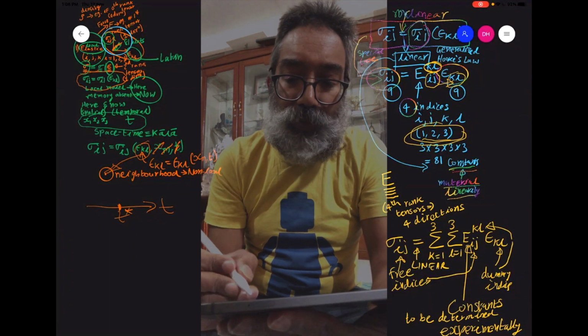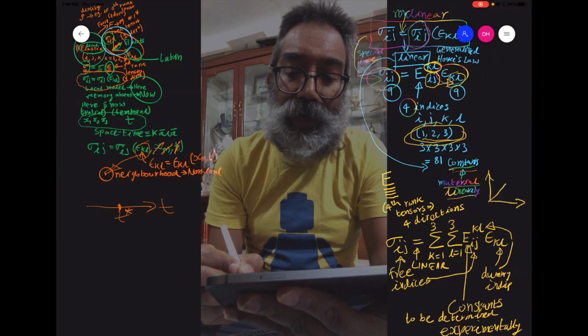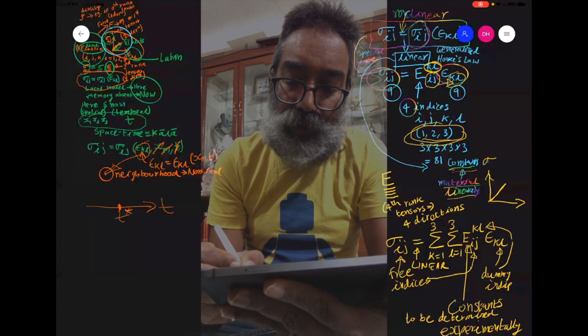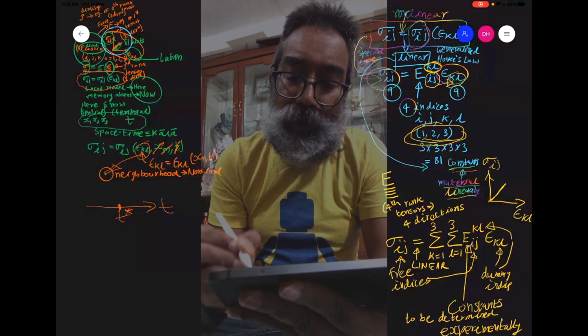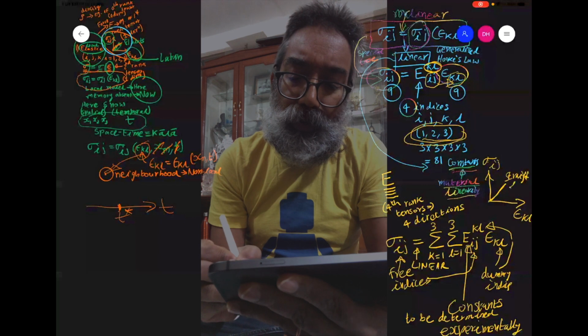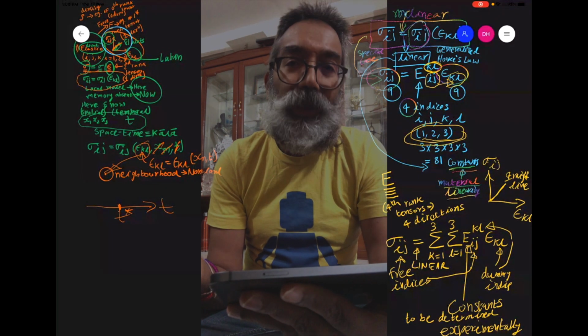So now you no longer have a curve, you would have a straight line when you plot any one of these sigma ij with respect to epsilon kl, and remember this is a straight line, which is a curve as well. It's a special case of a curve.